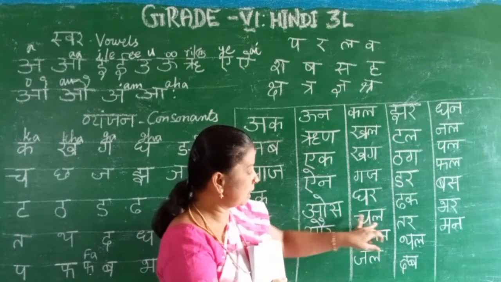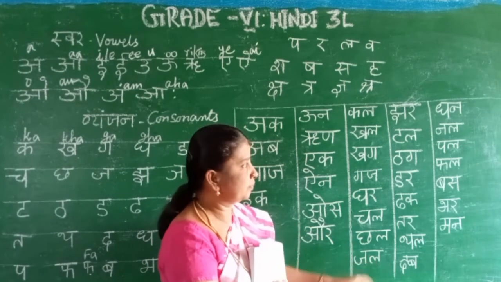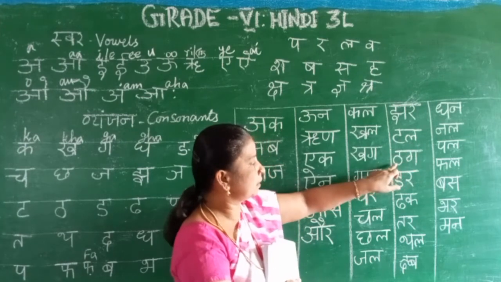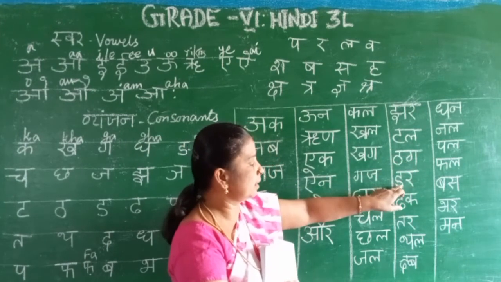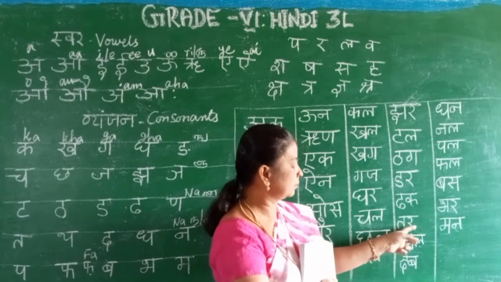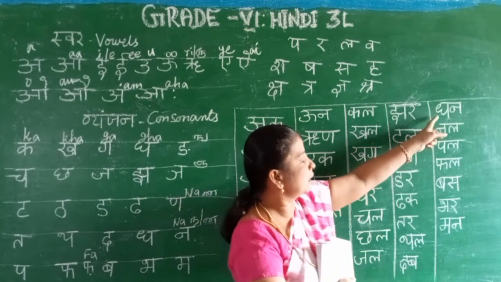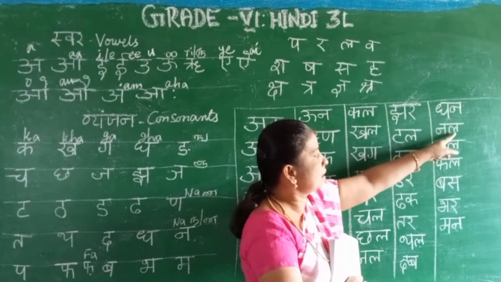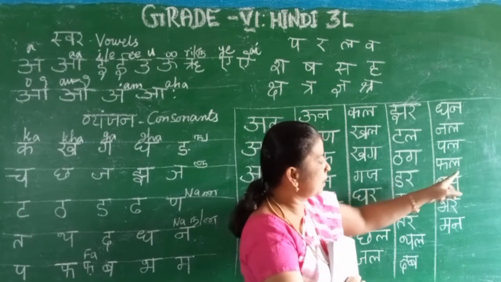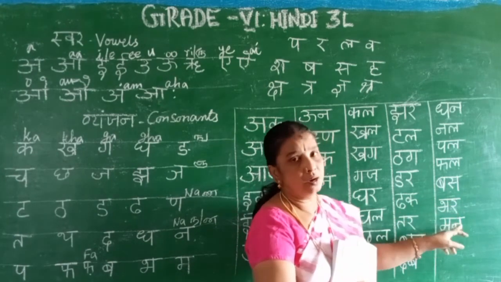Next, cha la chal, cha la chal, ja la jal, jha ra jhar, ta la tal, tha ga tag, da ra dar, dha ka dak, ta ra tar, tha la thal, da ba dab, dha na dhan, na la nal, pa la pal, pha la phal, ba sa bas, bha ra bar, ma na man.